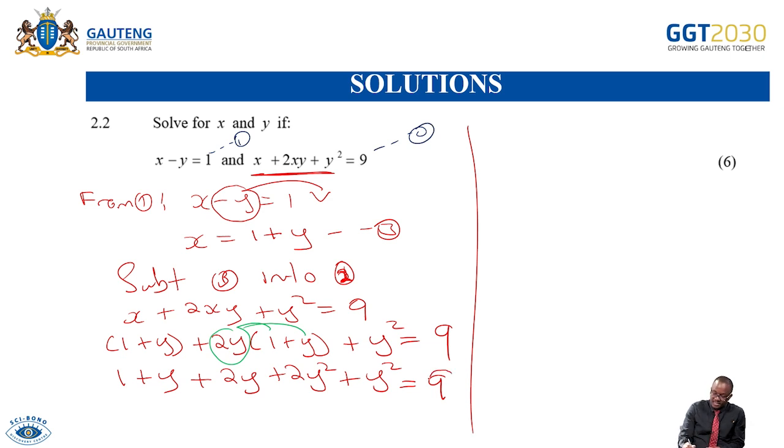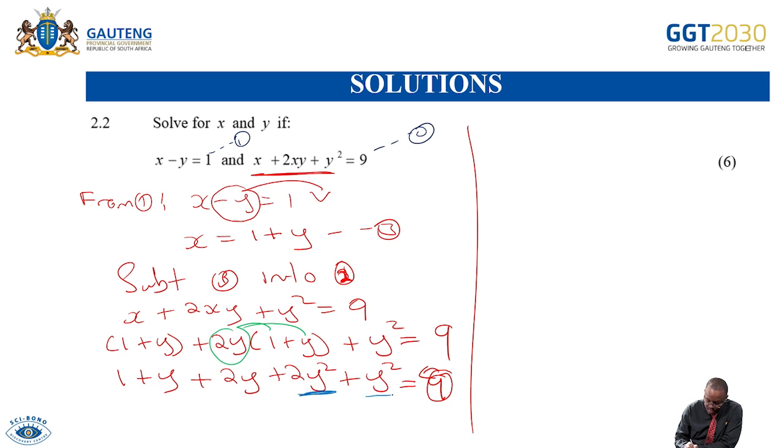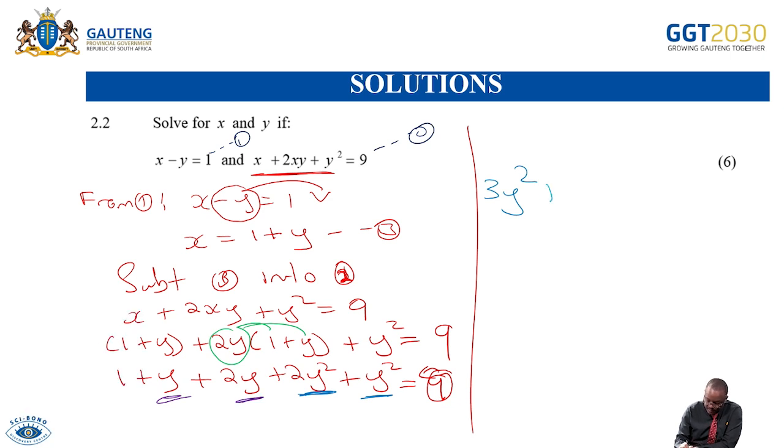Then we can simply transpose this 9 to the left hand side. Then we start putting it in the descending order of powers. We start with the y squared. If I add them, I'm going to have 3y squared. Then you go to the y terms, which is this one and that one, which is plus 3y.